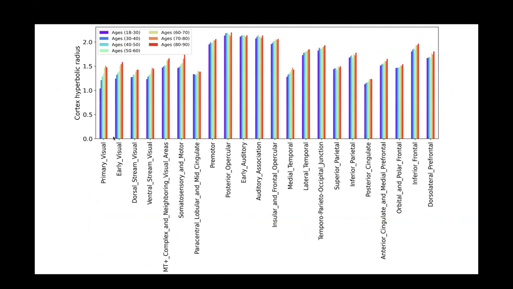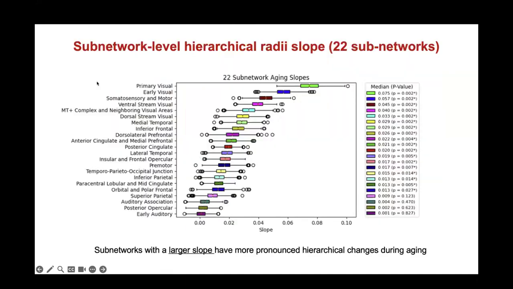And this is the cortex hyperbolic radius for different subnetwork levels. And the different color parts show the 7 different age decades. So the purple shows the teenagers, 18 to 30 years old. Then we compute the slope for each subnetwork. And this is the final result based on subnetwork level hierarchical gradient slope.